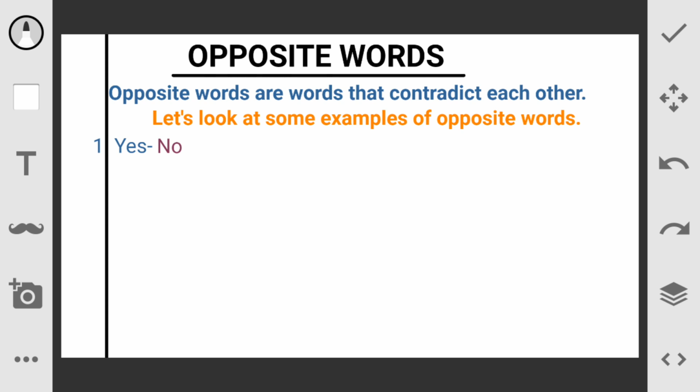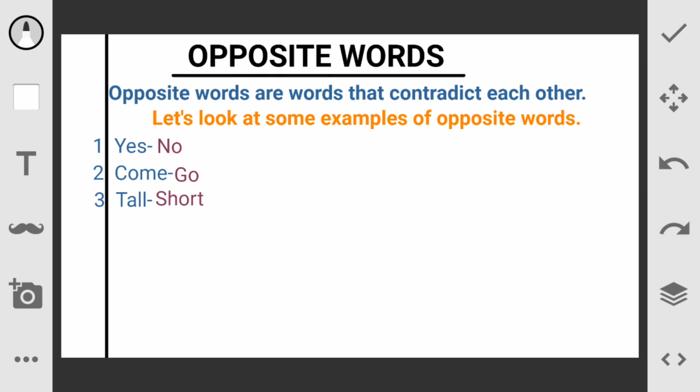Let's look at the second example. Come. What is the opposite of come? What word contradicts come? Go. So the opposite word of come is go. Let's look at the third example. To. What word contradicts to? What word fights to?